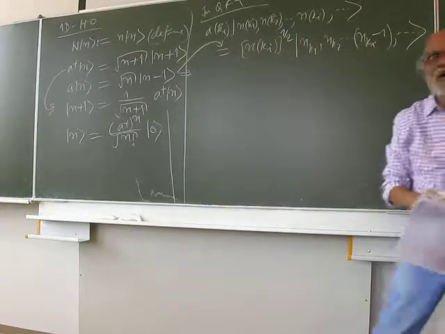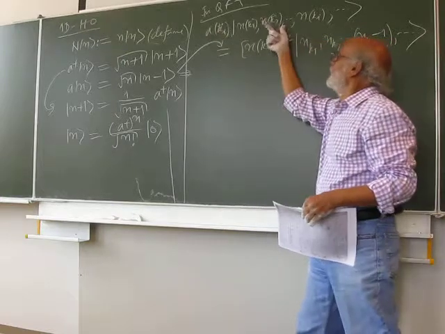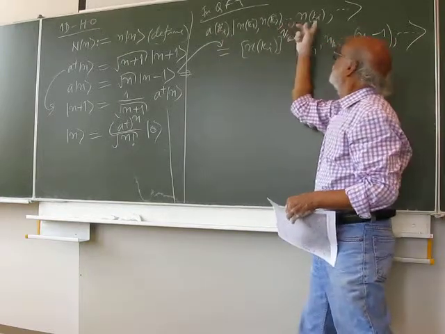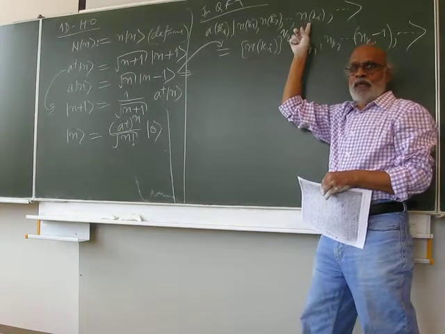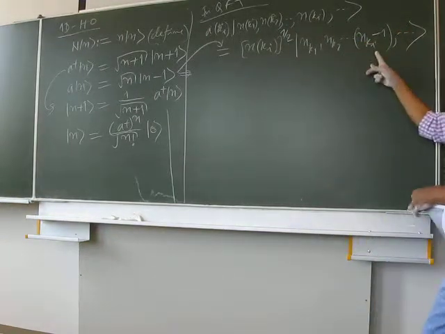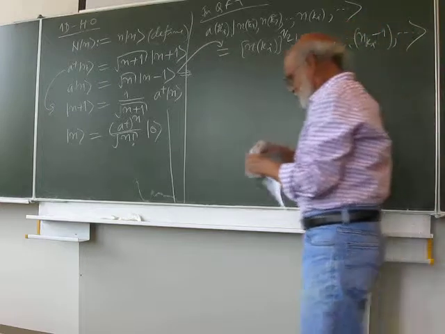You see? This operator a_{k_i} decreases this n_{k_i} by 1 and leaves all others the same.